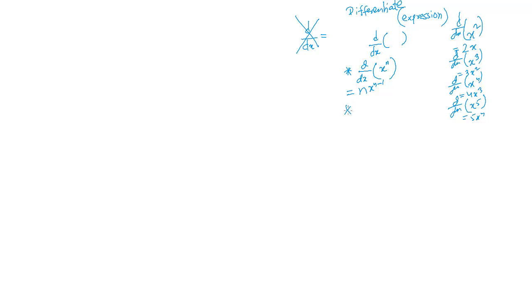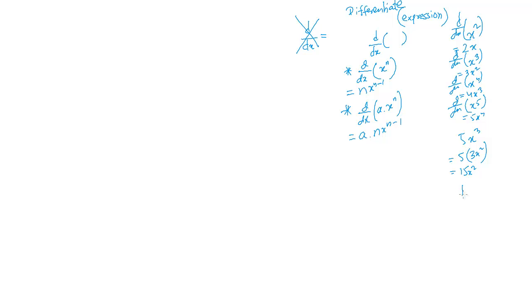Now the constant rule of derivative is that if you want to differentiate something and there is a constant multiplied to it, all you do is multiply the constant to the derivative. That's all. That means if you have 5x to the power 3, keep the 5 here, the derivative of x cubed is 3x squared, so the answer would be 5 multiplied by that, which is 15x squared.